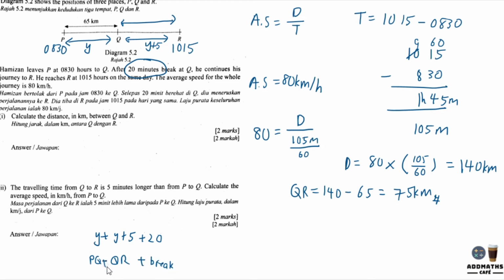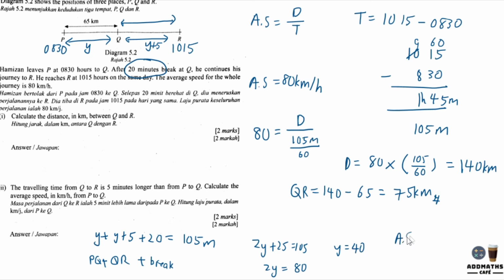Total time used over here will be 105 minutes. So 2Y plus 25 equals 105. 2Y will be 80, Y will be 40 minutes. So I know that PQ was travelled in 45 minutes.